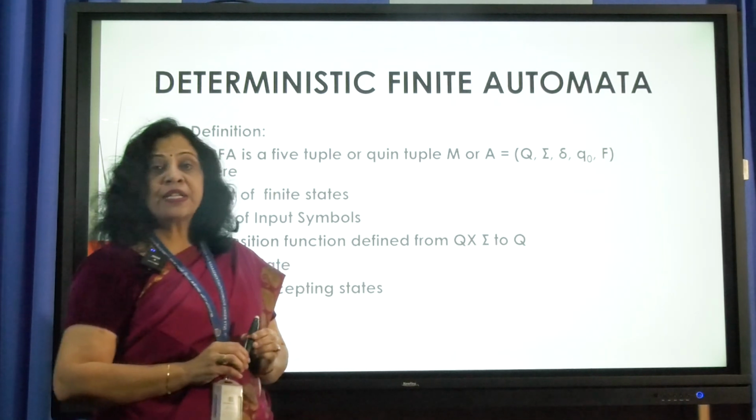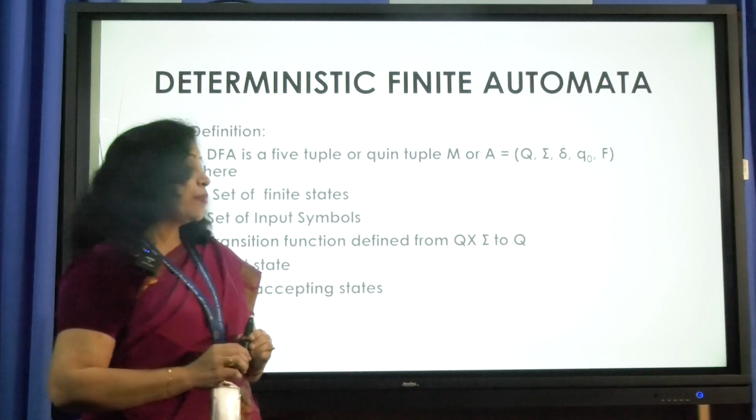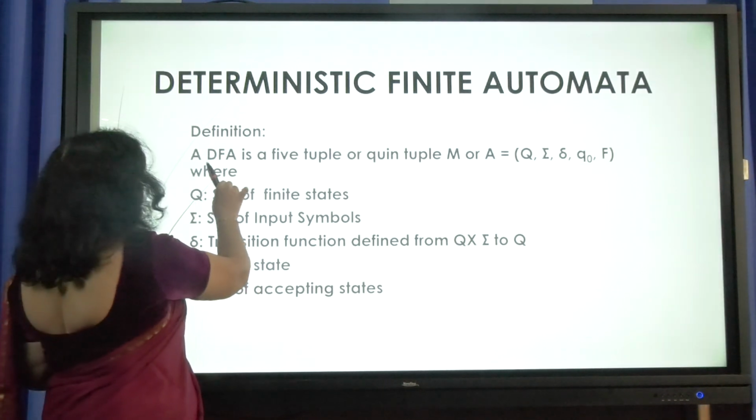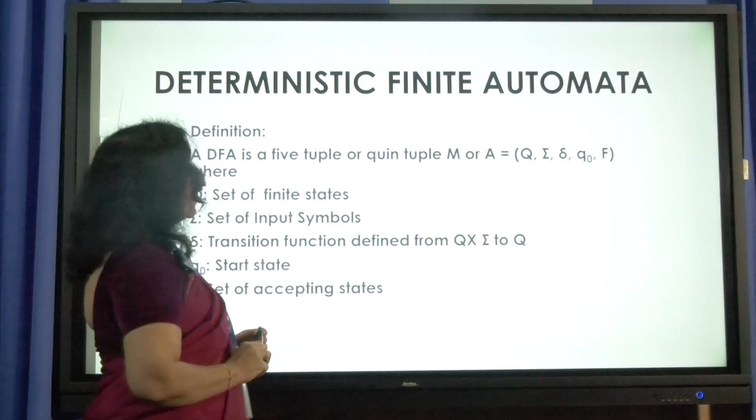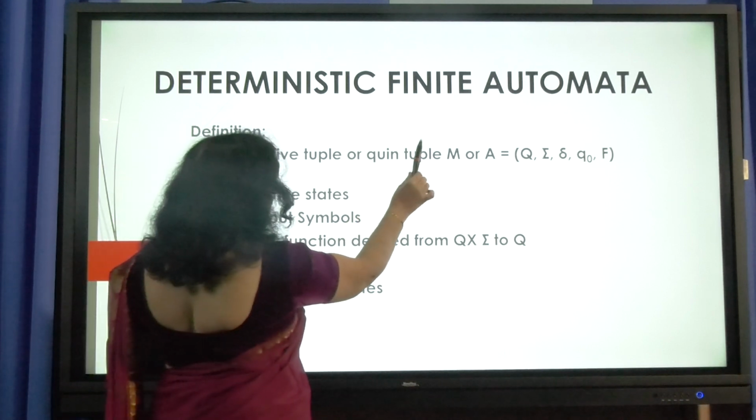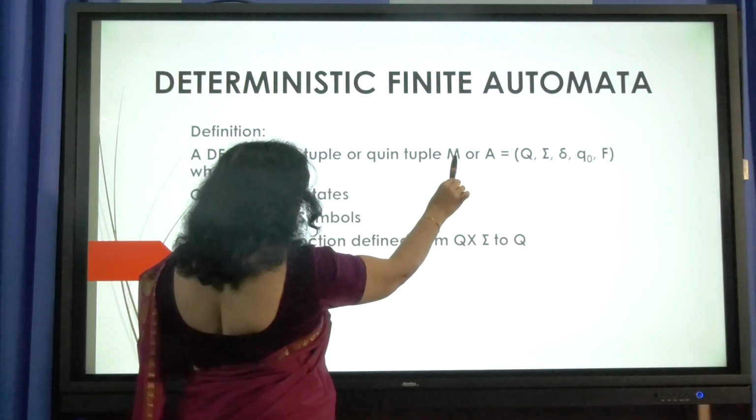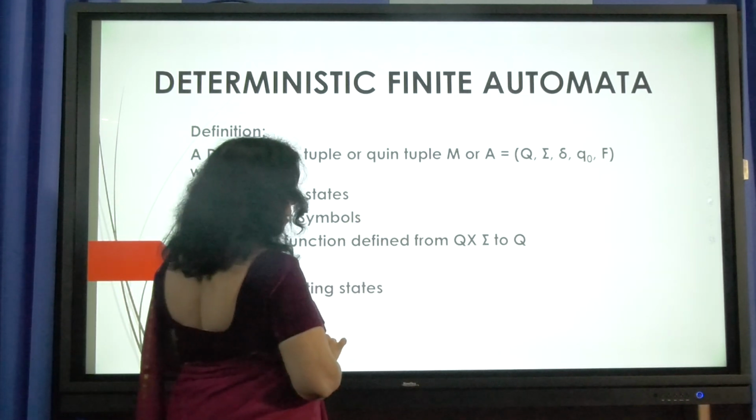Now let's see the definition of this DFA. A DFA is a five tuple or quintuple. M means machine, A means automata.